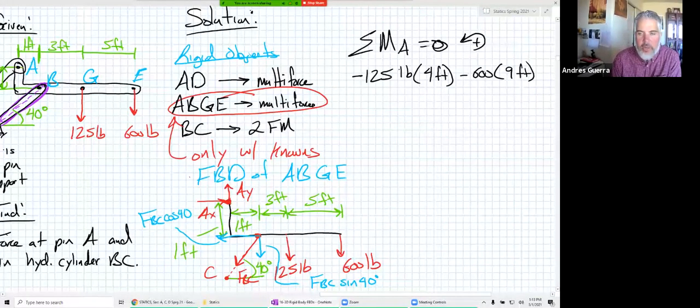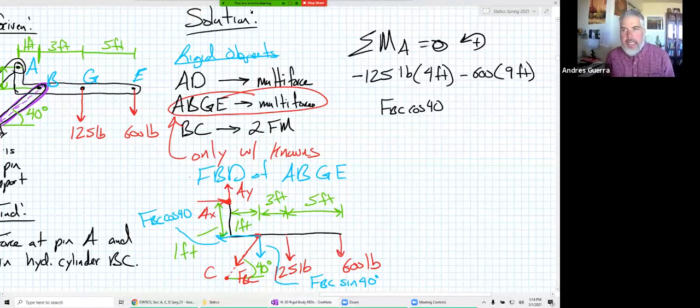Now we can do FBC. So let's do FBC cosine of 40. And so that's the x component. Is that going to cause a negative or a positive rotation about point A? Alfred Franco, what do you think? Negative or positive?